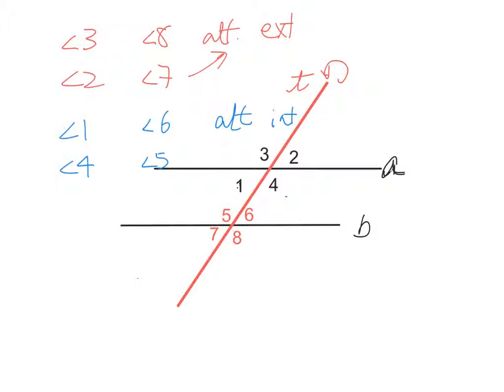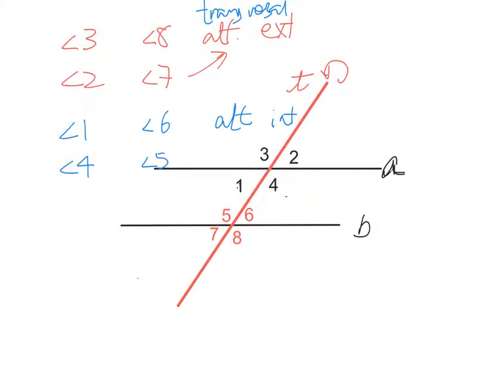They're alternating interior. So the alternating is referring to the transversal, and the exterior refers to the areas above and below the two lines. What else haven't I covered? So that's all about the alternating interior and exterior angles.